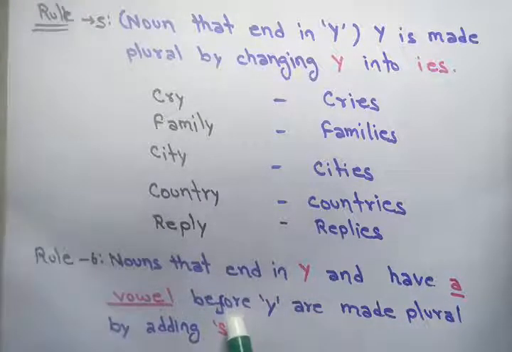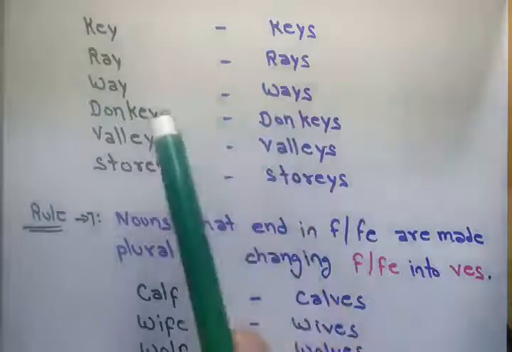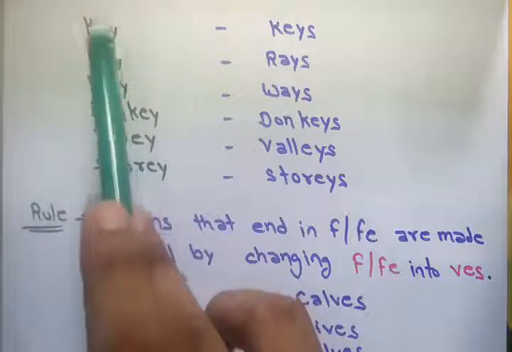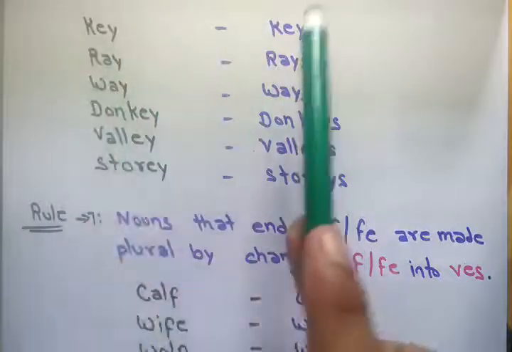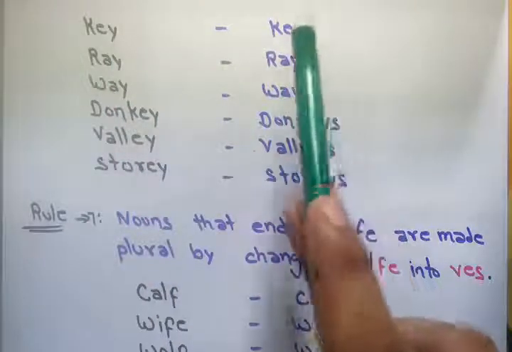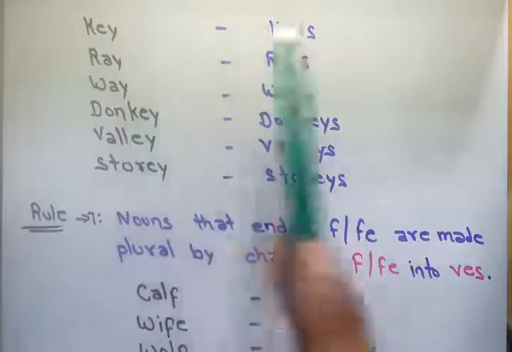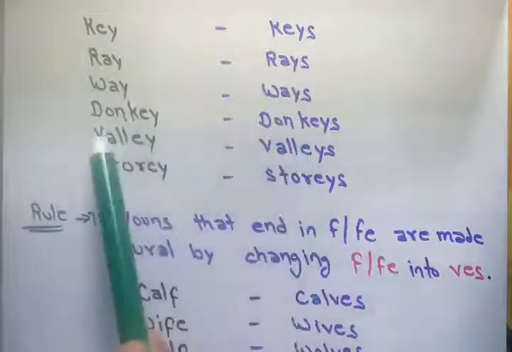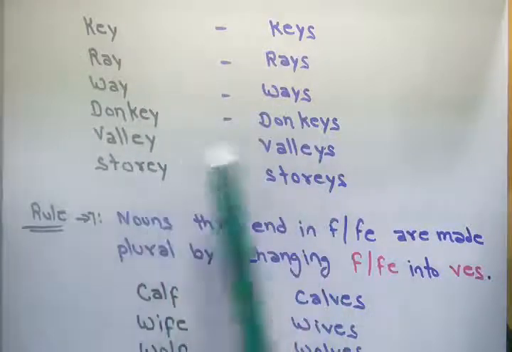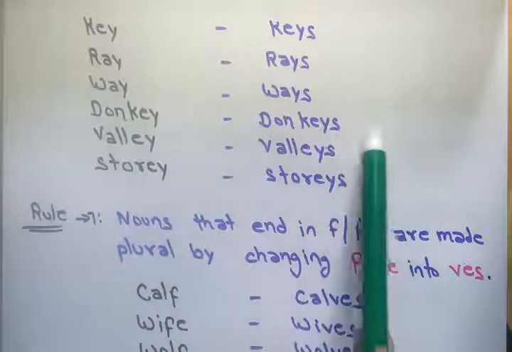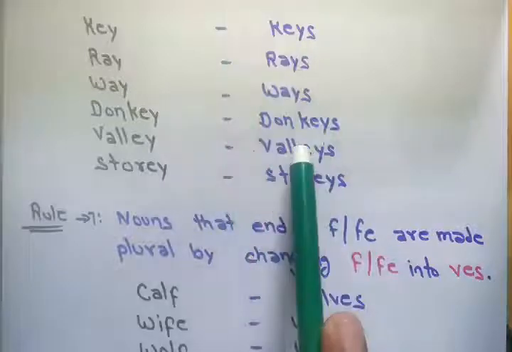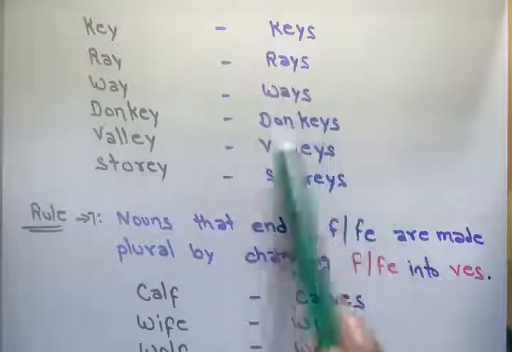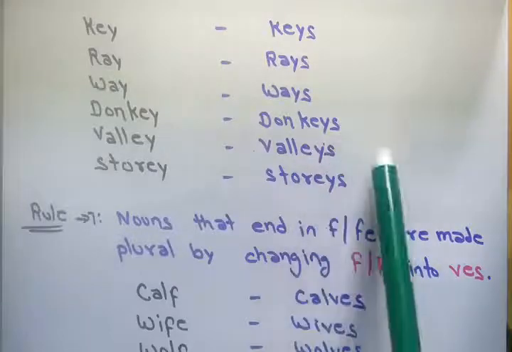Here we use s. Examples for this: key, keys. Here is a vowel before y, so after y we use s only. Ray, rays; way, ways; donkey, donkeys; valley, valleys; story, stories. So these are the uses of s after y.